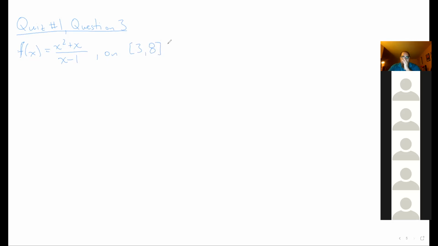Okay, so here's the function. There's the interval. What am I trying to show you? Use the intermediate value theorem to show that for some value c, f of c equals 15/2, and then give that interval. And the answer you gave there was 3.8, which the problem already tells you. So I was just wondering. So it's not exactly the same.